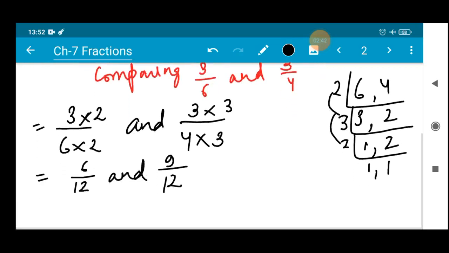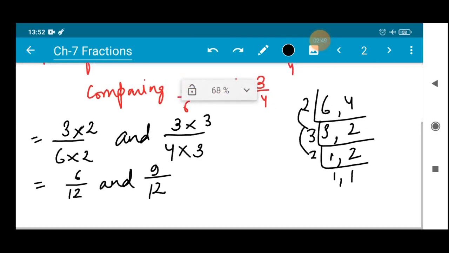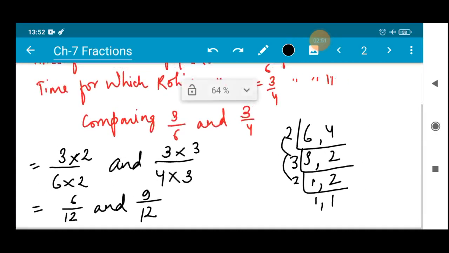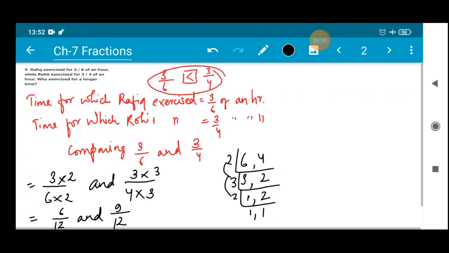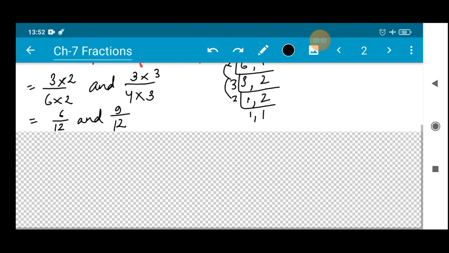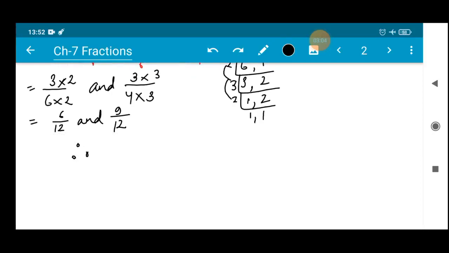You can easily compare now that both the denominators are the same. So 9 is the bigger one. That means 3 by 4 is greater. So who exercised for a longer period of time? I have already told that Rohit exercised for a longer period of time. It is in this way only, but I had shown you in a different manner. Okay, that is also correct.